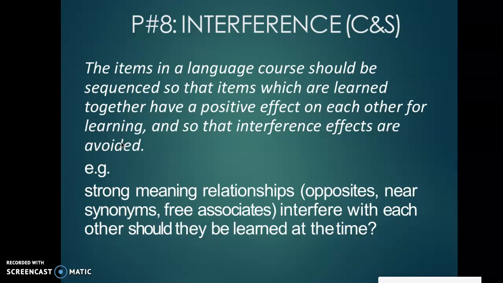For example, a strong meaning relationship, like opposites, near synonyms, free associates, interfere with each other should they be learned at the same time.